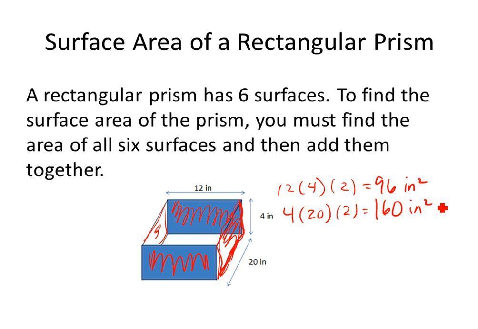inches squared. And then last, I'm going to do my top rectangle and my bottom rectangle. So that goes down here. And the dimensions of that are going to be 20 by 12, because this length is the same as this length, so that's going to be 12 inches.